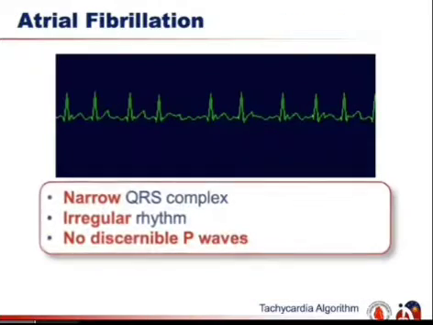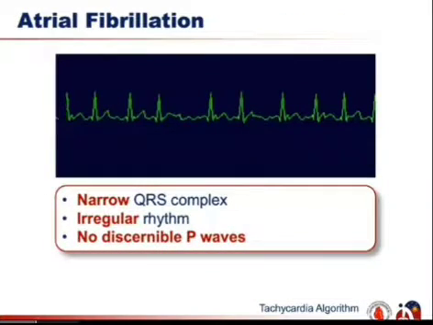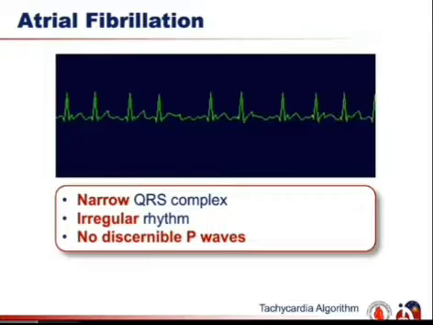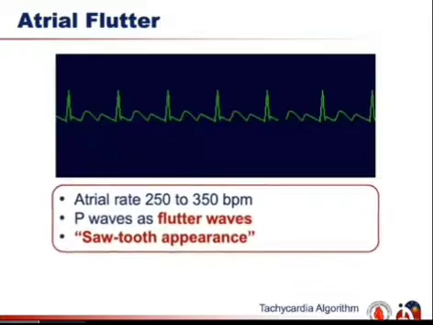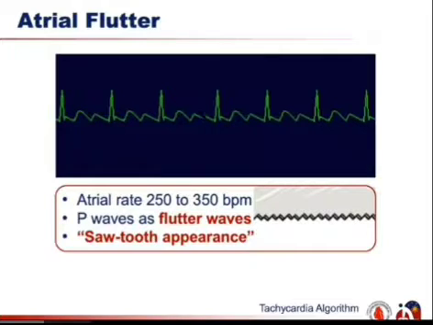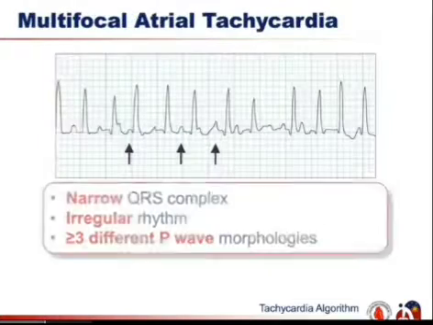Atrial fibrillation will show a narrow QRS complex, an irregularly irregular rhythm with no discernible P waves. Atrial flutter, on the other hand, usually has an atrial rate of 250 to 350 beats per minute. P waves are seen as flutter waves which look like a series of sawtooth on the monitor or ECG strip.